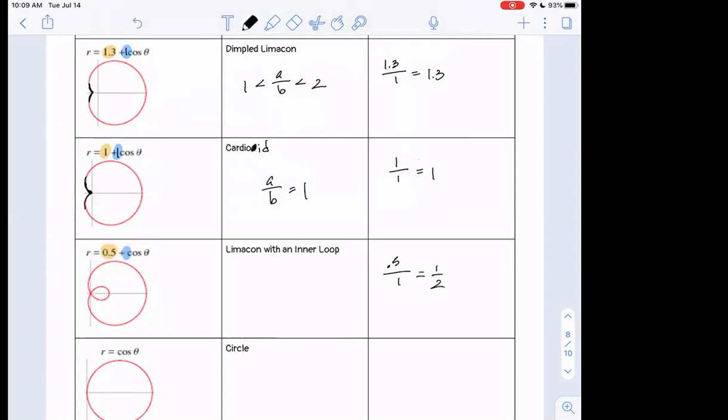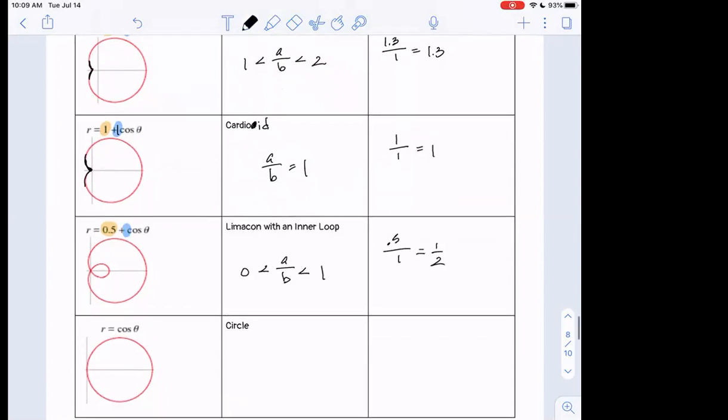When we have an a over b that is between 0 and 1, we're going to get a little inner loop. The inner loop is this part right here. So when that ratio gets between 0 and 1, we're going to end up with an inner loop.